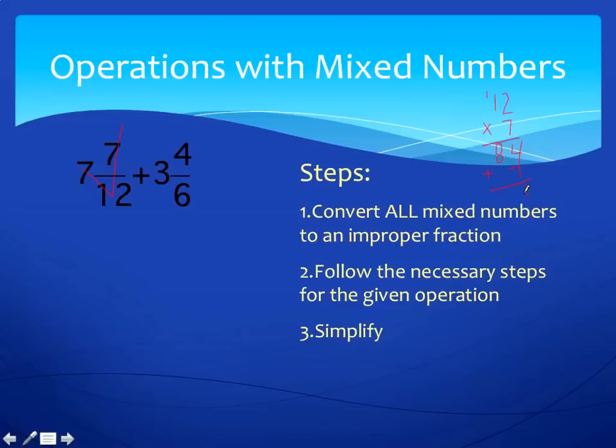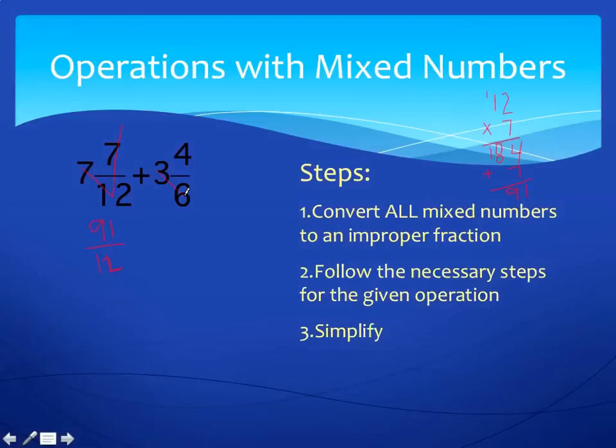And 7 plus 4 is 11, so I'm going to put down the 1 and carry the 1. And 8 plus 1 is 9. So this gives me 91. So I have 91 twelfths. Remember, I always keep it over the same denominator. All right, and now I need to go through and convert my second mixed number to a fraction.